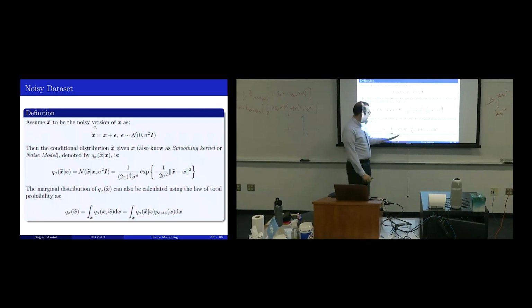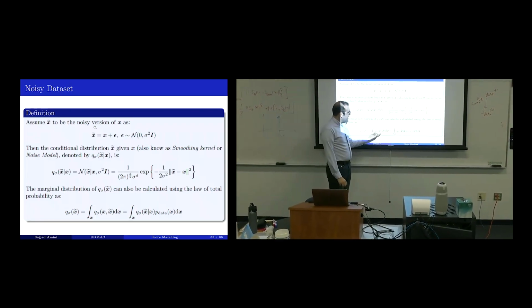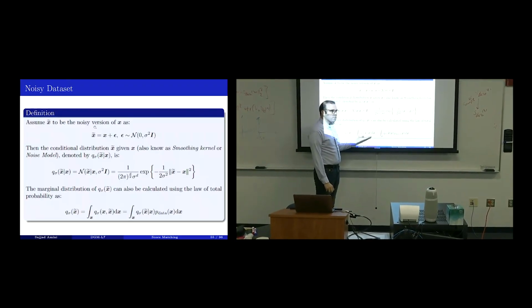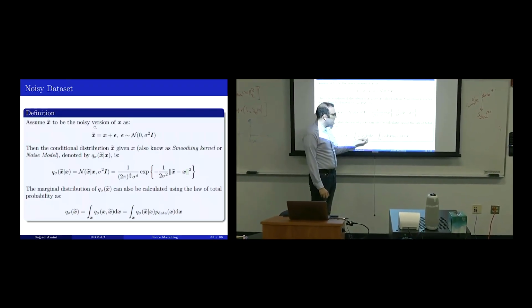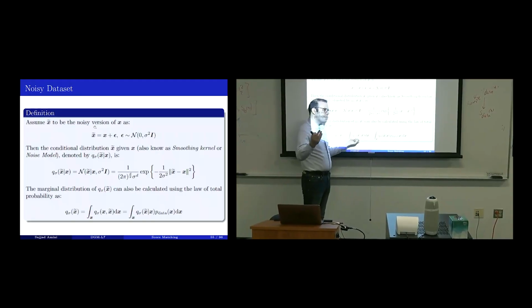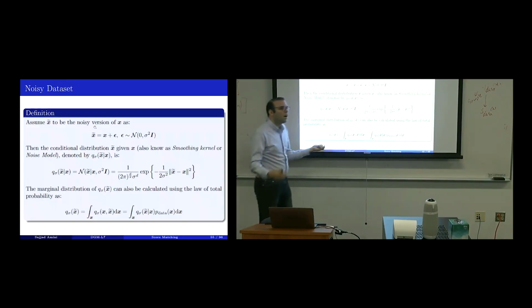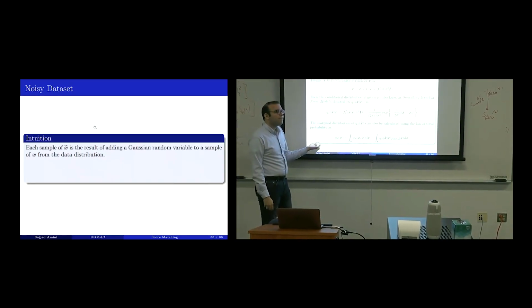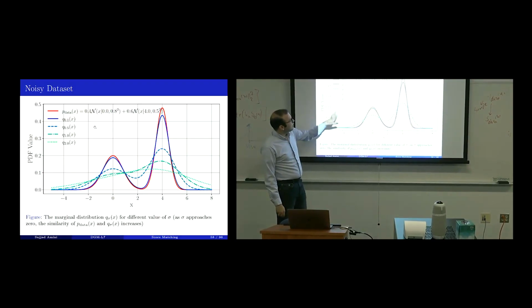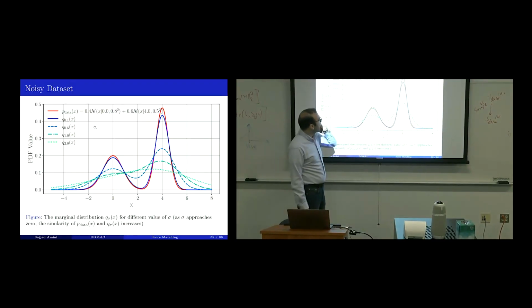Then you can write this formulation: if you have the joint over X and X tilde, you can integrate out X and generate the distribution over X tilde itself. This is what is plotted in the next two slides. Yeah, this is the output of the integration. Because it is Gaussian, the output can be calculated in closed form.